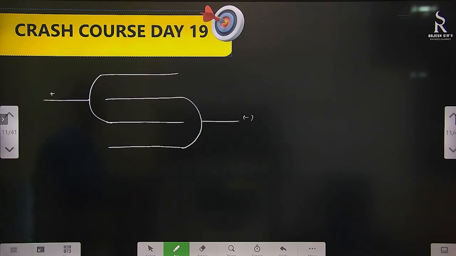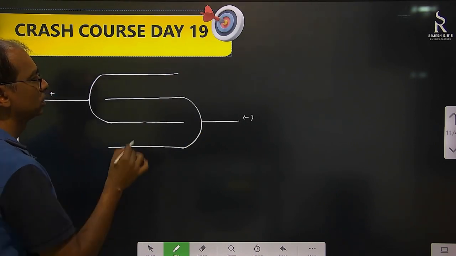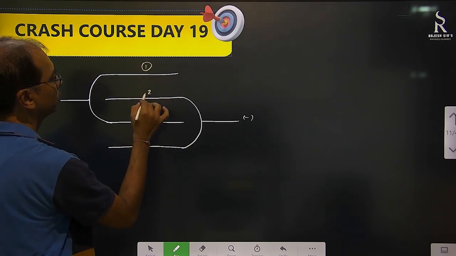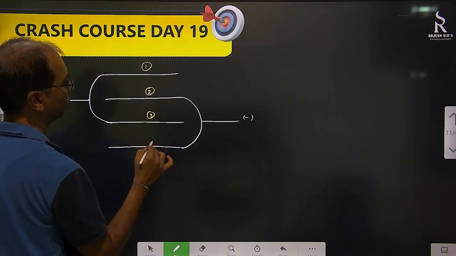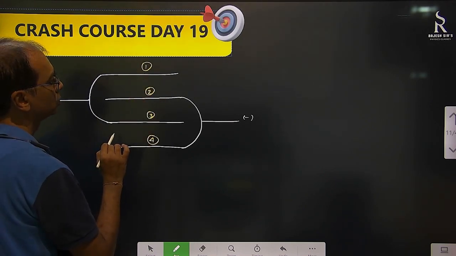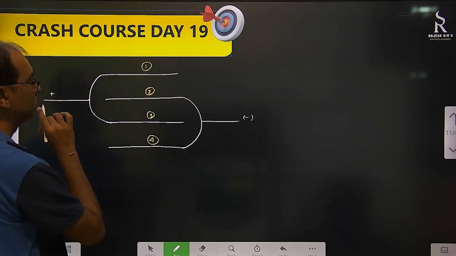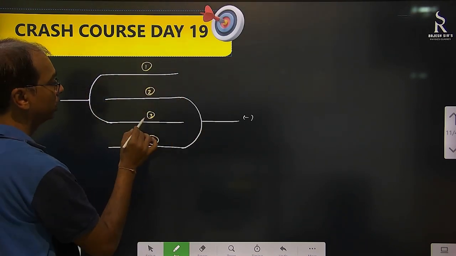Now this is positive and this is negative. So this is plate 1, plate 2, plate 3, plate 4. So between plate 1 and 2, 2 is connected with the negative end of the battery, first one is connected with the positive end. Then 2 and 3 is also a capacitor.